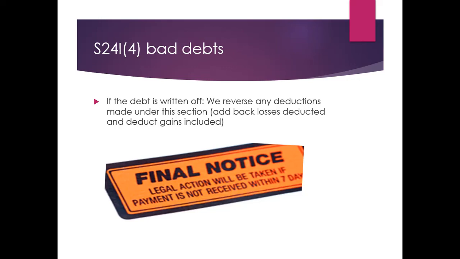So on this one, it doesn't apply to debt that you owe to someone. That debt should be owing to you, that is, you have the right to claim payment or you have the right to receive payment from someone. That is when this section applies. As long as you don't have the right to receive, or you have an obligation to pay someone, you do not apply section 24I, subsection 4.